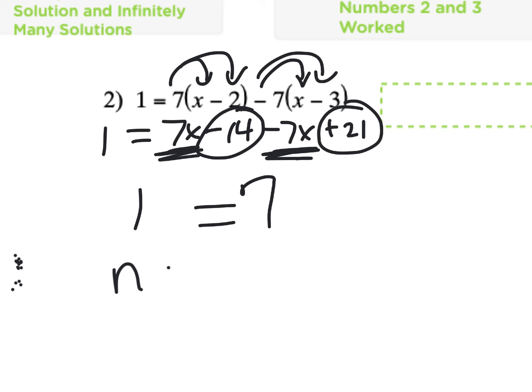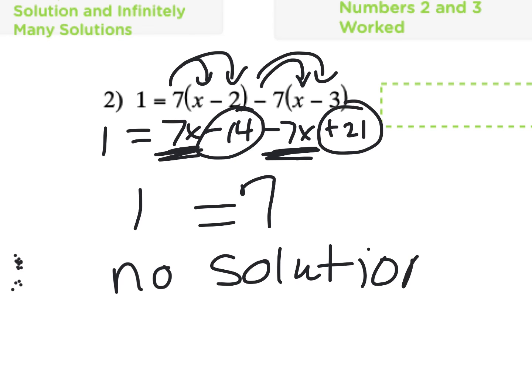So we say that this one has what we call no solution. You've got that positive 7x and that negative 7x, they cancel each other out, and that leaves you an equation that is false and has no variables either. So in a special case like that, you're going to say no solution.